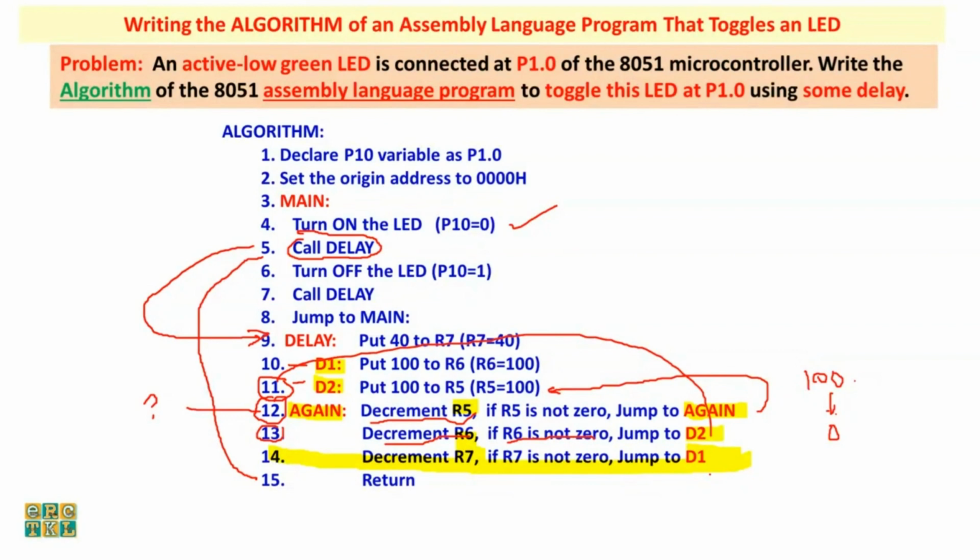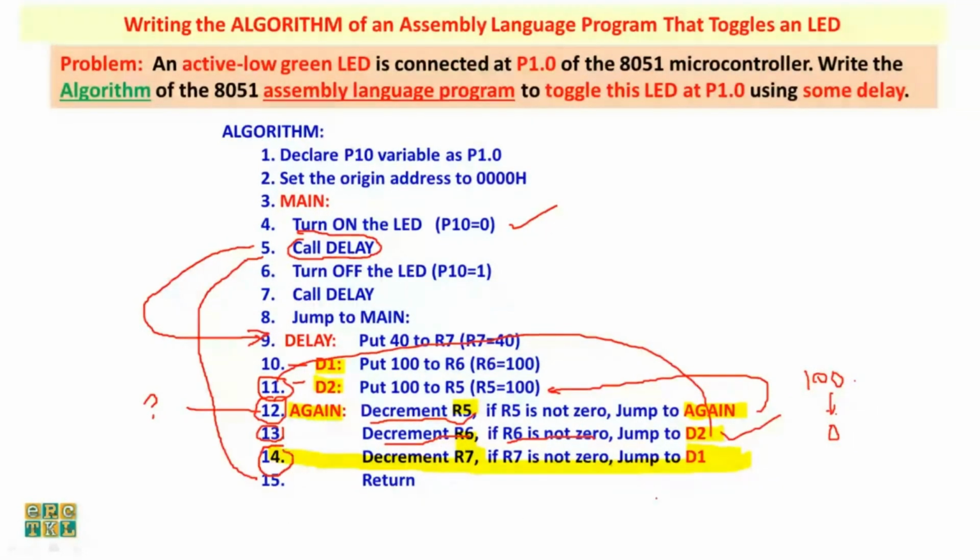You will do D2 100 times, and number 12 will be done 100 times for every one time of D2. When it's not yet 0, it goes back to D2. Let's say you already reach 0. If you reach 0, then it will go to number 14.